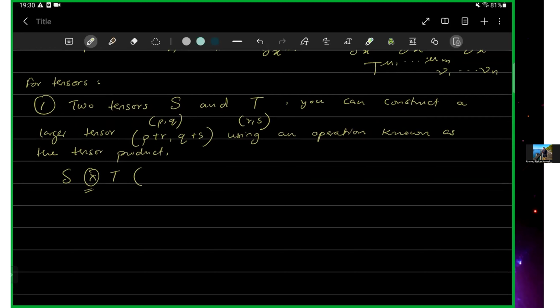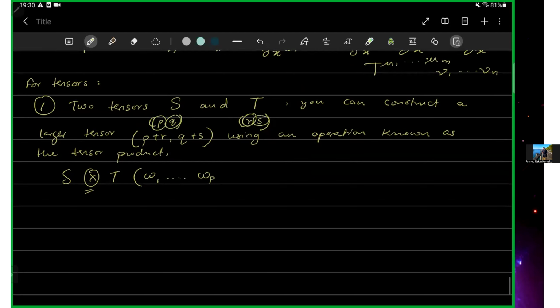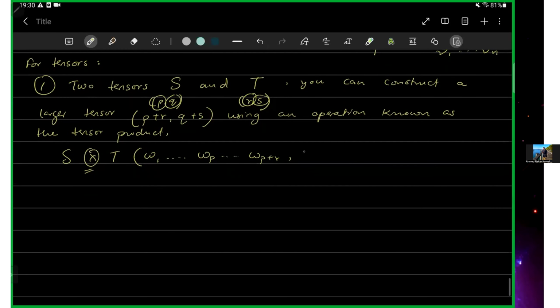Then I would have covectors, and it would go up to P. But now, since I have the tensor product between S and T, my overall indices should be P plus R, because I would add the upper indices, and Q plus S, adding the lower indices. So they should go up to P plus R. And for the contravariant ones, I would have V1 going up to Q plus S.